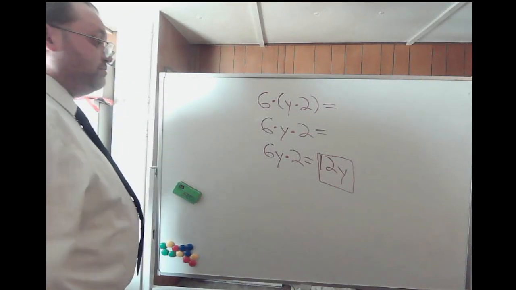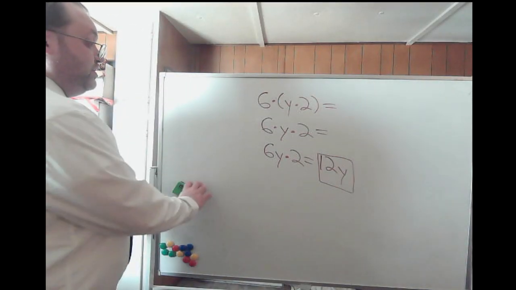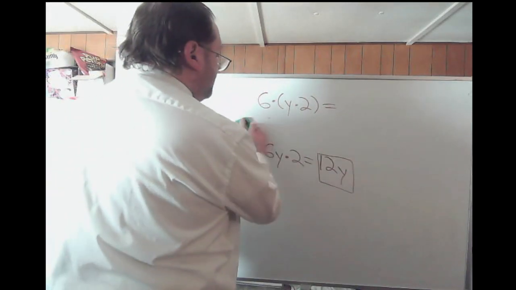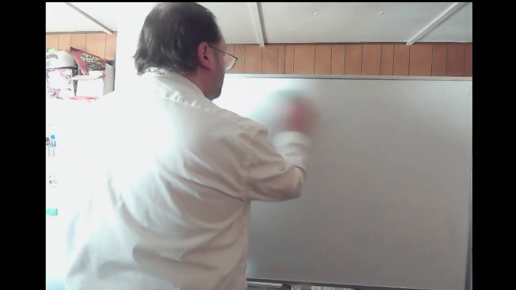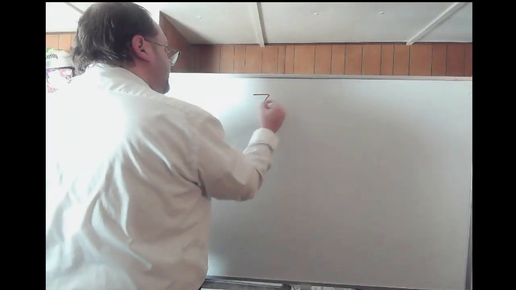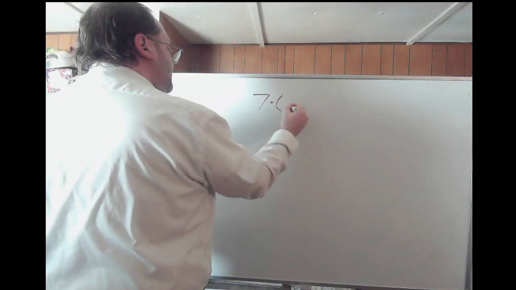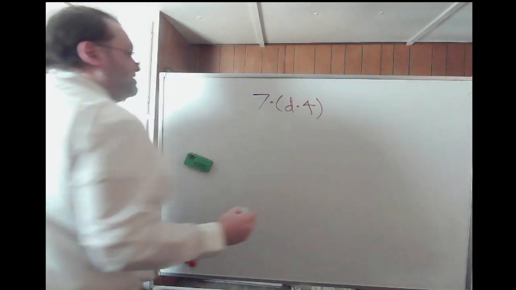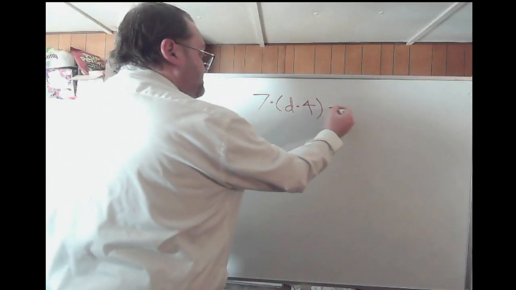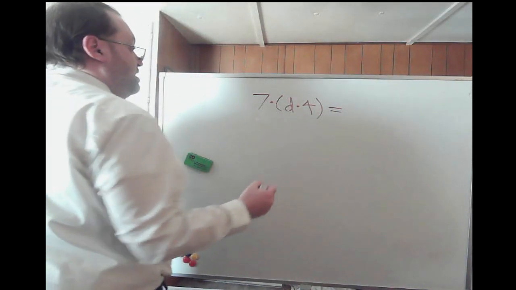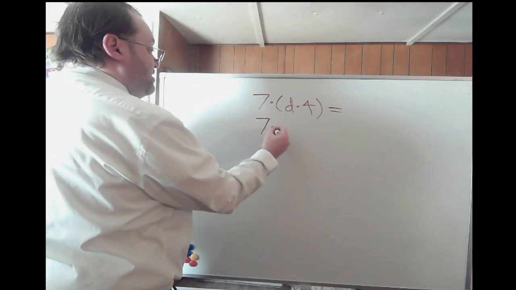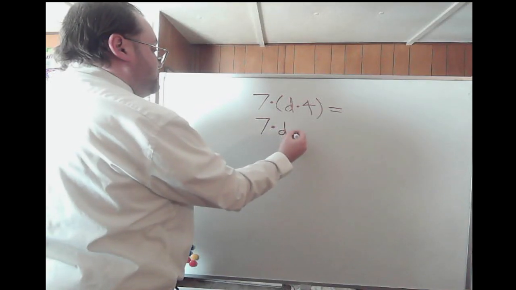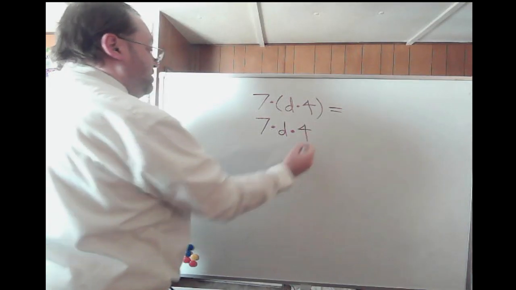So pretty simple here with the multiplication. You really also didn't need the parentheses because it's a straightforward multiplication problem. Alright, let's say you have 7 times, in parentheses, d times 4. Well, we don't need the parentheses since it's a straightforward multiplication problem. You'll just take 7 times d times 4.